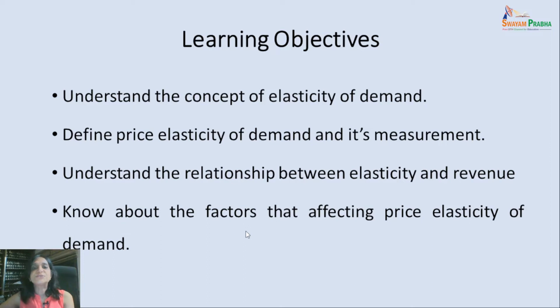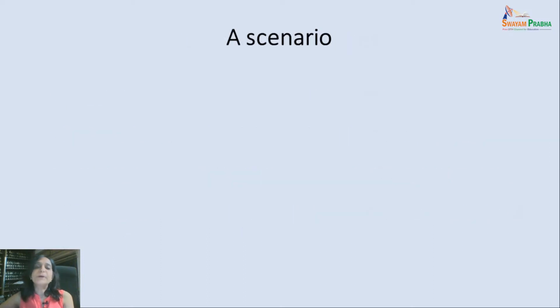So let us start today's lecture with a particular scenario in mind. Remember, learners, in the previous lecture on the law of demand, we said that whenever the price of a product increases, the quantity demanded of that product falls, and vice versa.